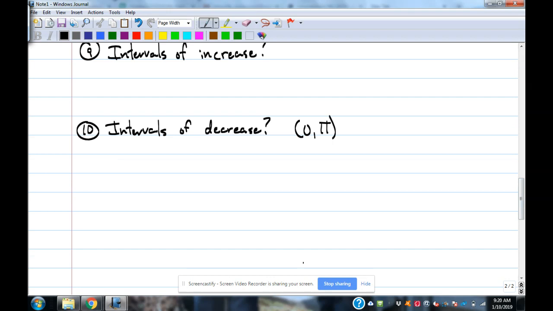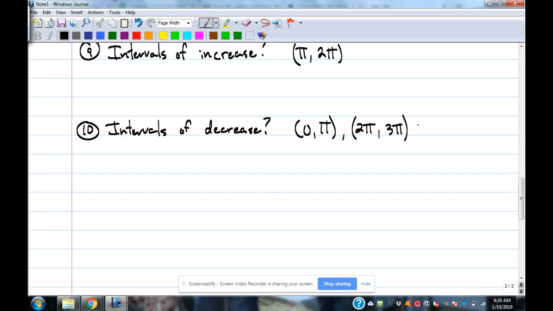At pi, what's it do? Turns around, right? Starts going back up. So that goes from pi to 2 pi. And then at 2 pi, it turns around again, right? And turns around and it goes back down to 3 pi. It's decreasing from 2 pi to 3 pi.